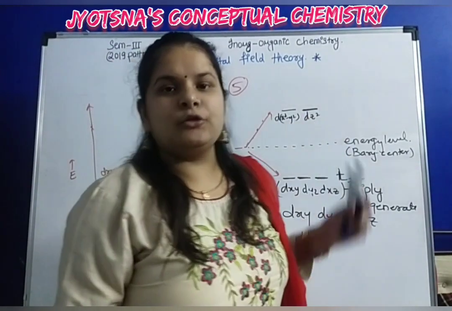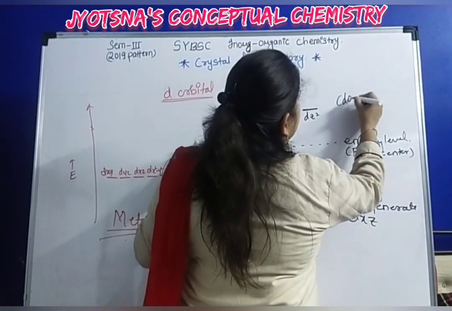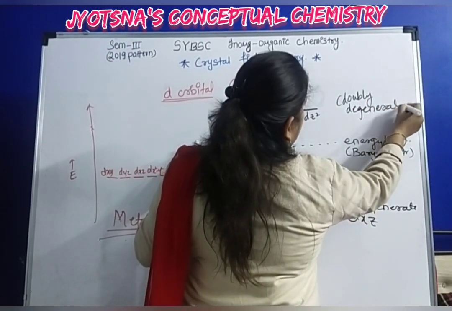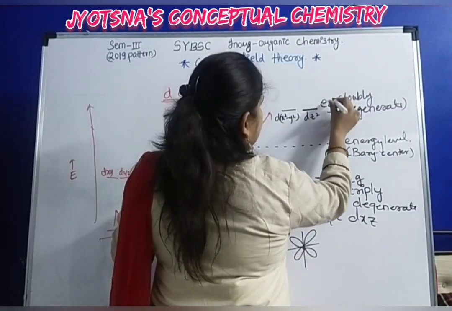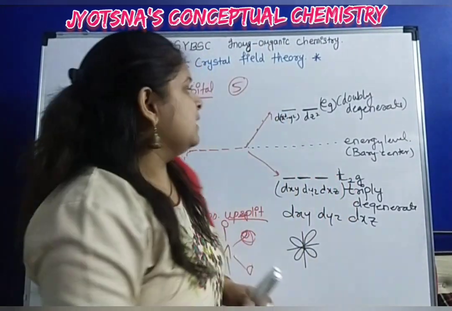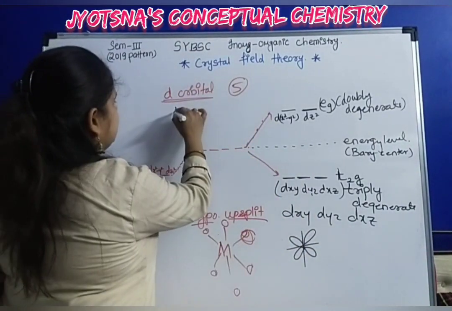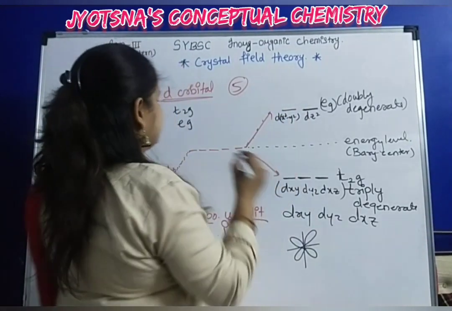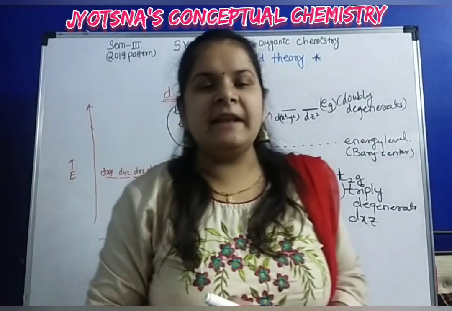Both these 2 orbitals have the same energy, so we call it doubly degenerate, and we give it the notation Eg, or Mulliken symbol. So the Mulliken symbol for triply degenerate is T2g, for doubly degenerate Eg, and for singly degenerate it is A1g. You should remember T2g, Eg and A1g.